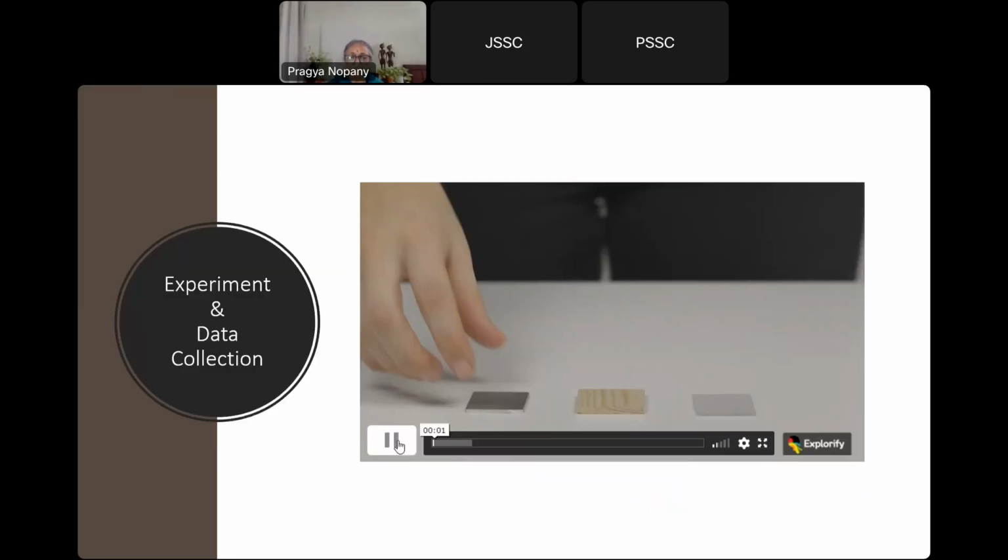Now tell me what possibly they could be investigating with this. Write in the chat box what children could possibly investigate with these three pieces. One is a metal aluminium piece, one is a wooden piece, and the other is a plastic piece, all of almost the same size. So, what could they experiment with these pieces?